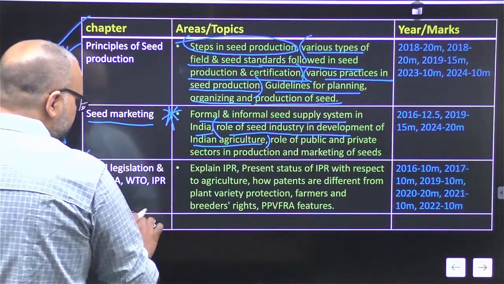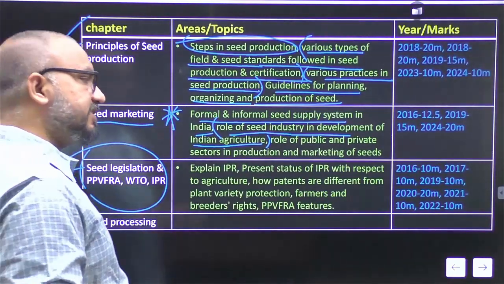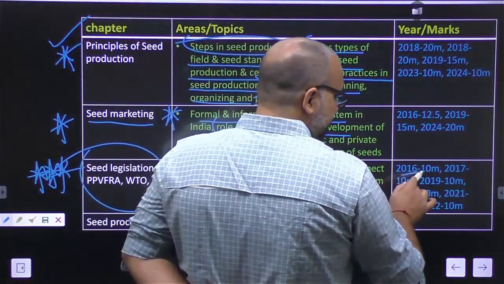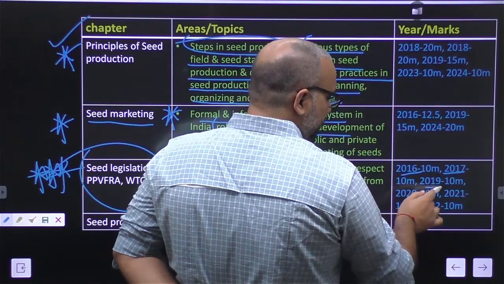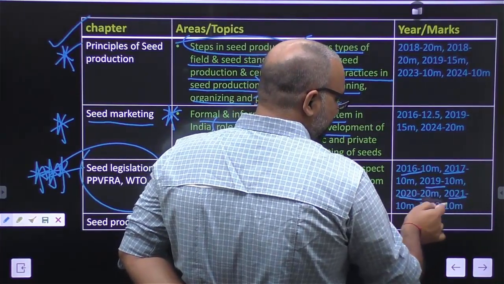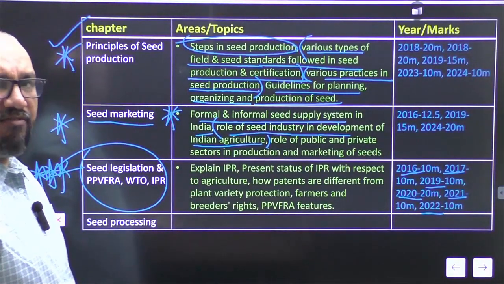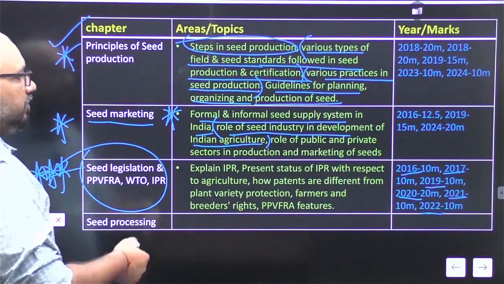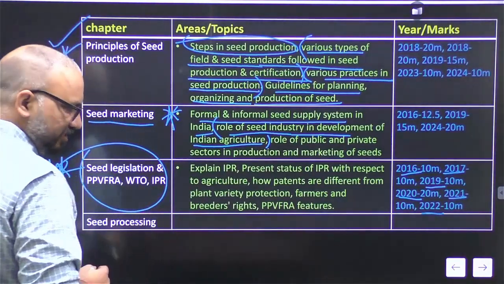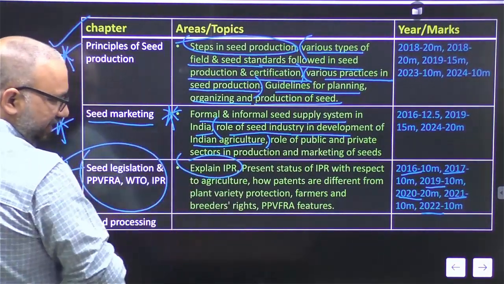So ये वाला portion सबसे ज़्यादा important है. So you can see how many times the question has been asked. 2016, 2017, 2019, 2020, 2021, 2022. So almost every alternate year. So how have they asked the questions? Explain intellectual property right.